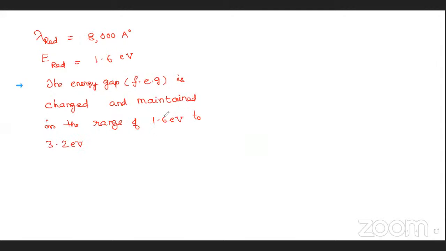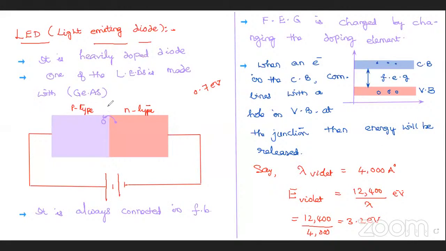So if you maintain 1.6 electron volts, then due to the recombination of the electrons with the holes, you will get red light coming out of this diode. Means you will get that as visible light here. And we will get the red light. Okay, this is light emitted.